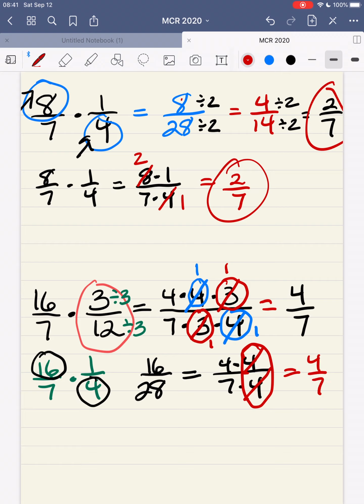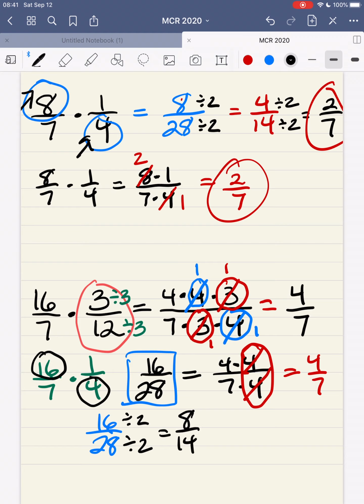I could have also taken my 16 over 28 and either divided by 4 or divided by 2. It really wouldn't matter. You'll get to the same place. If I divide 16 by 2, I get 8. If I divide 28 by 2, I get 14.